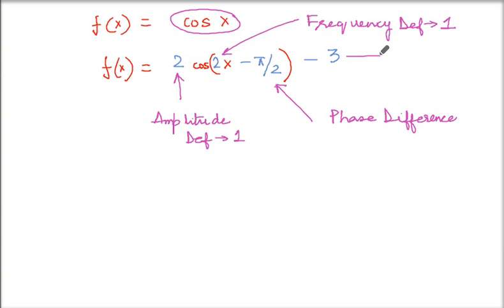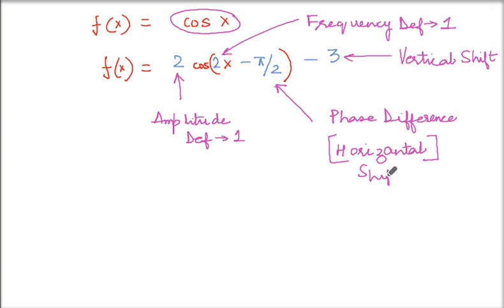And this is the vertical shift. And pi over 2 is nothing but the horizontal shift. The default value of the vertical and the horizontal shift is 0.